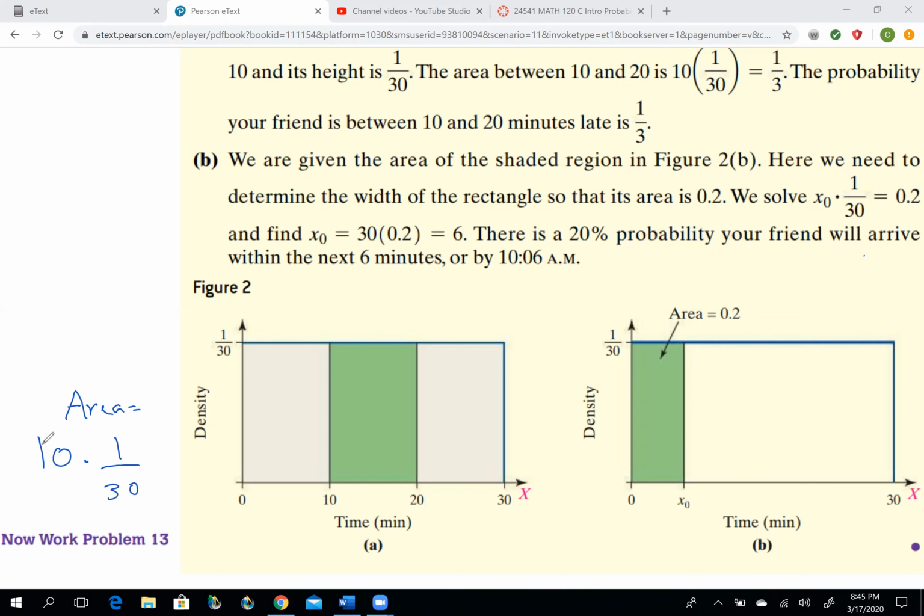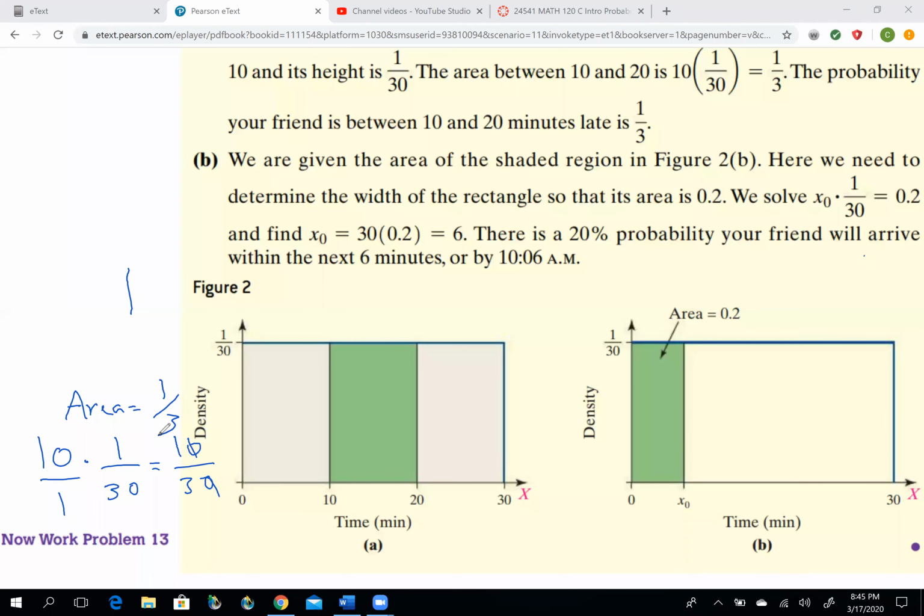So 10 over 1 times 1 over 30 is 10 over 30. Cancel the 0, so the area is 1/3.